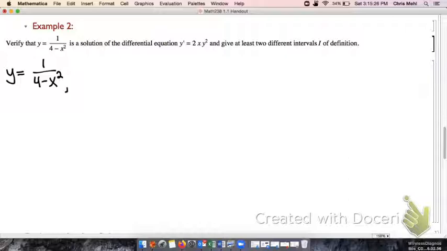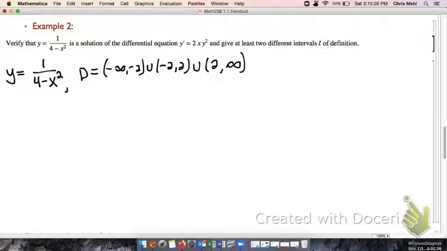Now, the domain of this function, not the same as the interval of solution just yet, is what? x cannot be 2 or negative 2. So you'd have negative infinity to minus 2, union minus 2 to 2, union 2 to infinity. Okay.